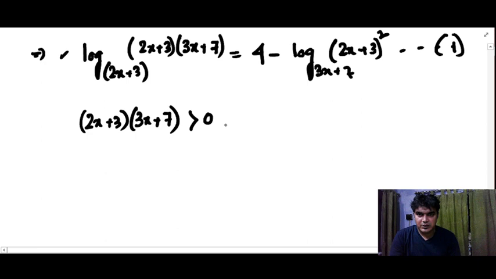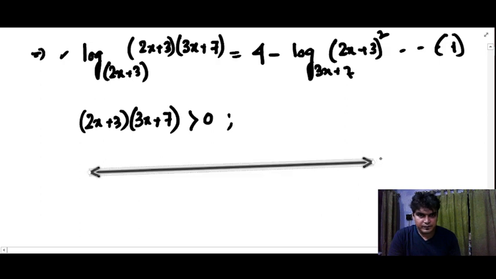So where does x lie? We have to check that. If I draw a number line, 2x plus 3 equal to 0 means x equals minus 3 by 2, and 3x plus 7 equals 0 gives x equals minus 7 by 3.